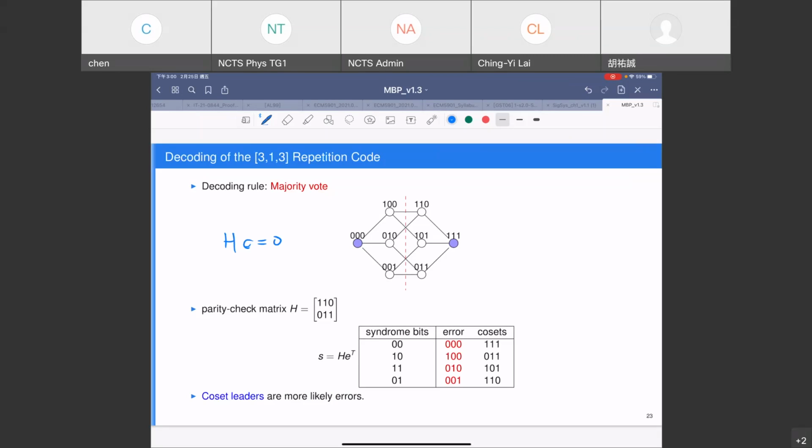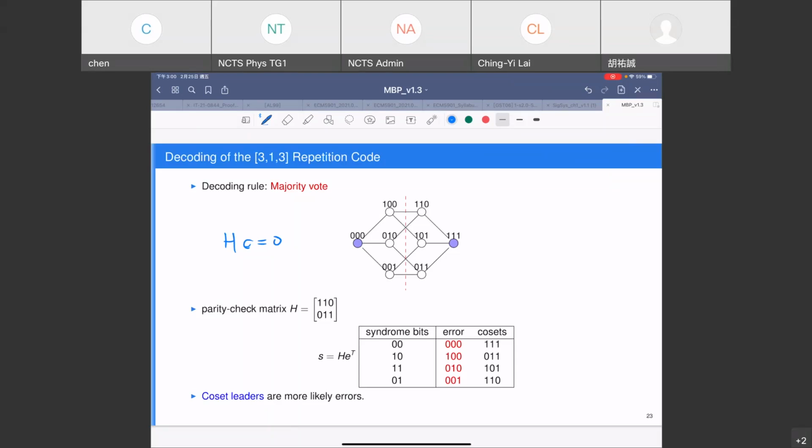For example, here I have 2 logical code words, 000 and 111. Using the first row, which I will call a parity check, it will check the parity of the first 2 bits. And the second row will check the parity of the last 2 bits, right?